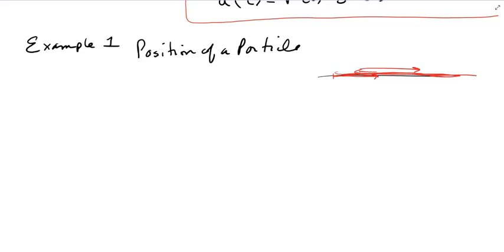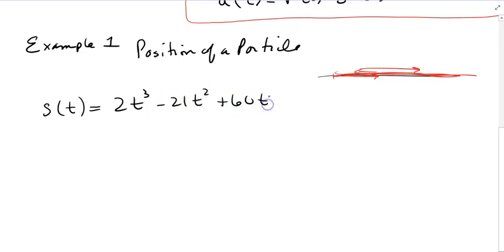Again, this one's a little bit more theoretical. The second one will be a little more applicable, something you're a little more familiar with. Okay, let's suppose that the position function of this particular particle is 2t cubed minus 21t squared plus 60t.